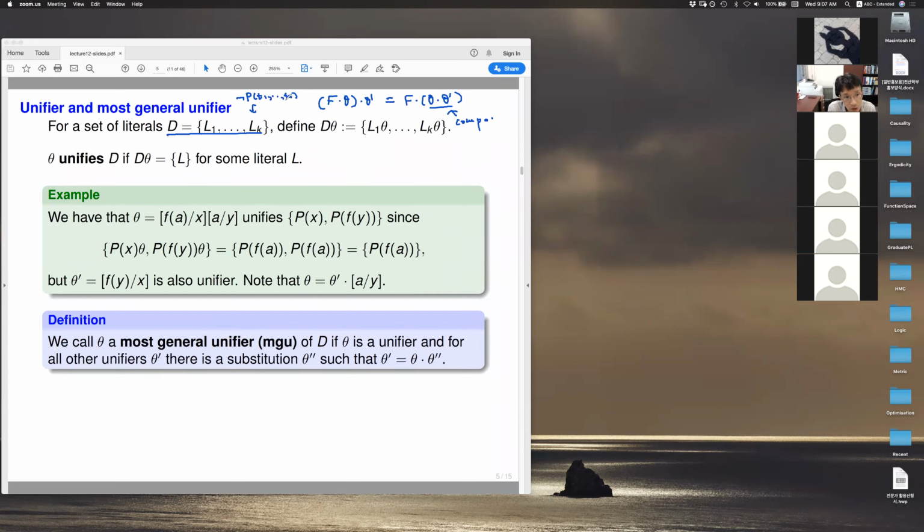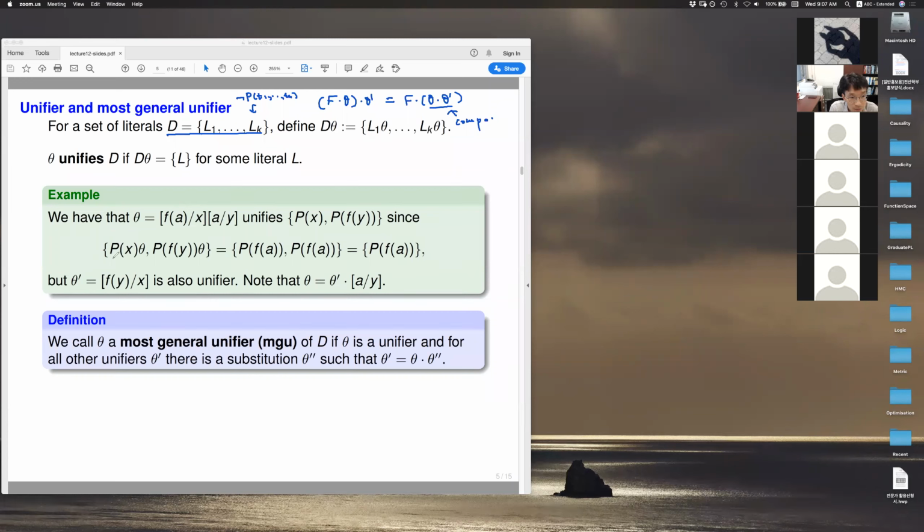These T1 up to Tn do not have to be ground terms, so they can have variables. So we have a collection of these literals, corresponding to a clause in propositional logic, and this set means a disjunction of these literals. The unifier is a substitution such that if we apply it to every literal in this set, it becomes a singleton set.